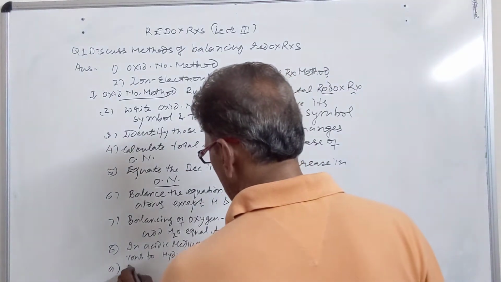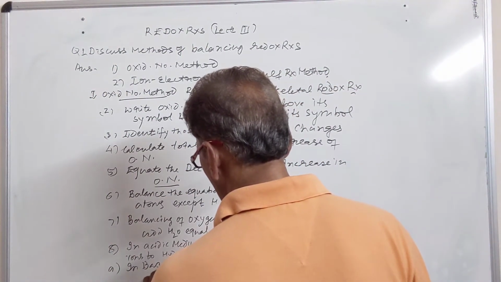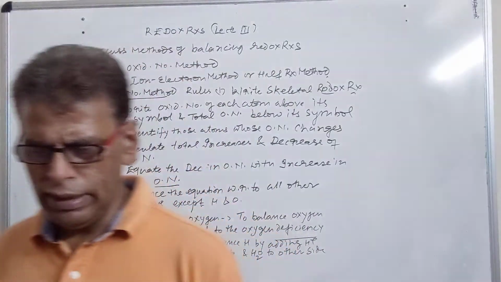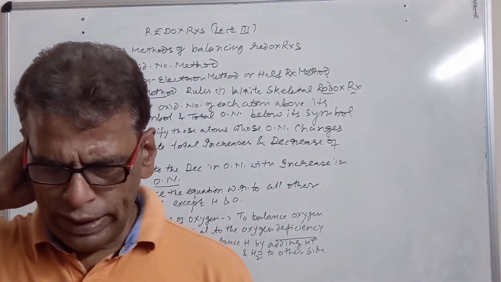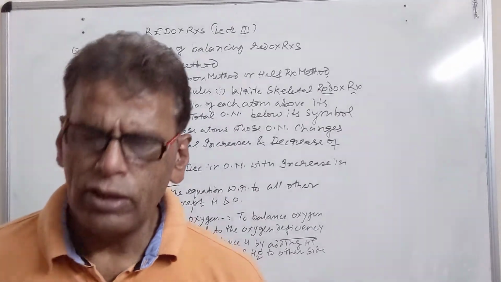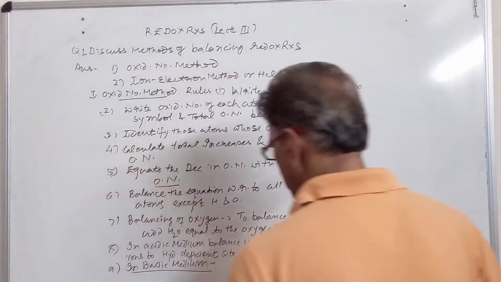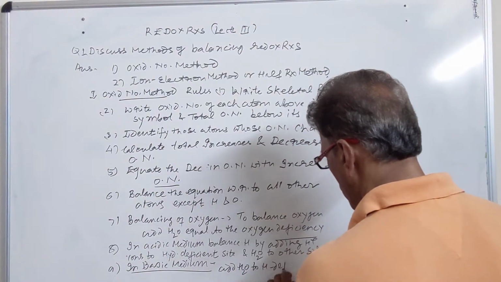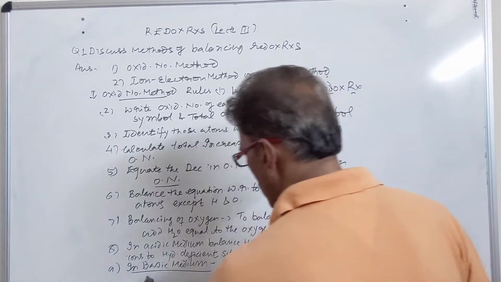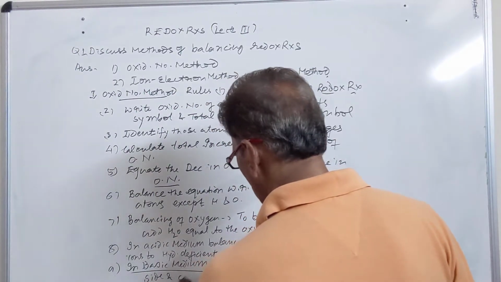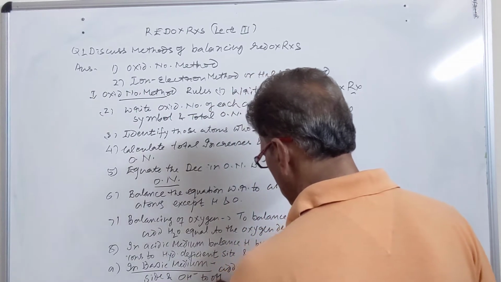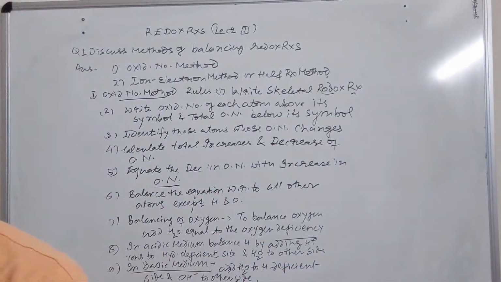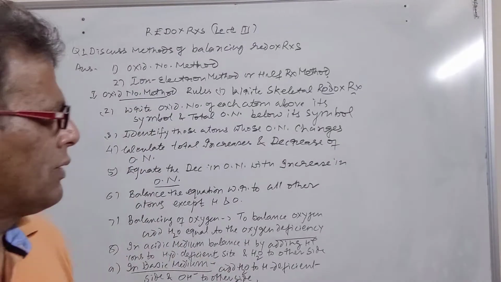In basic medium, when the reaction is taking place in the presence of base, add water to the hydrogen deficient side and OH ions to the other side. So this will be our balanced equation.